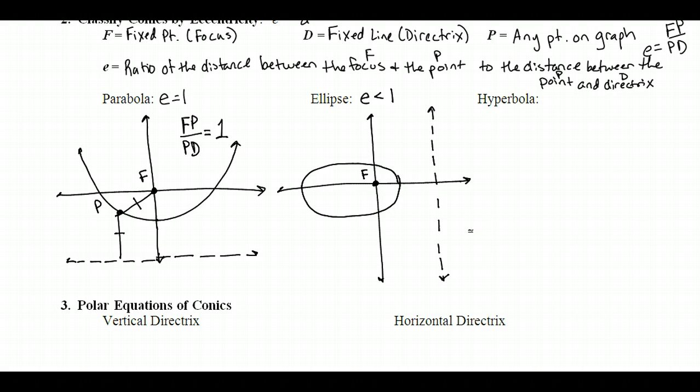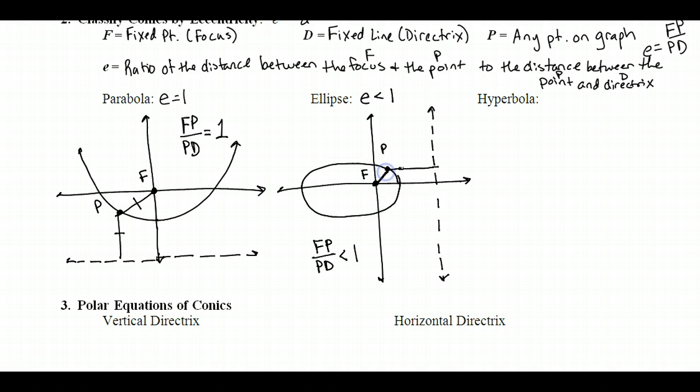And then if I take any point on my ellipse, so I'm just going to take a point here, and it doesn't have to be this, it could be way over here if we wanted it to be. But if I look at that ratio of focus to a point divided by the point to the directrix, that will always be less than 1.